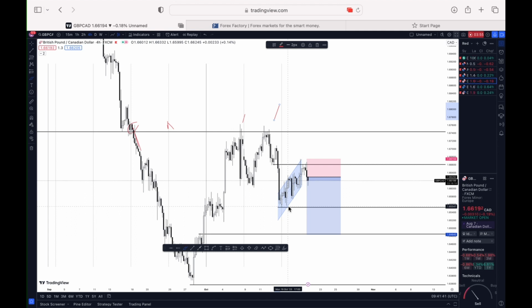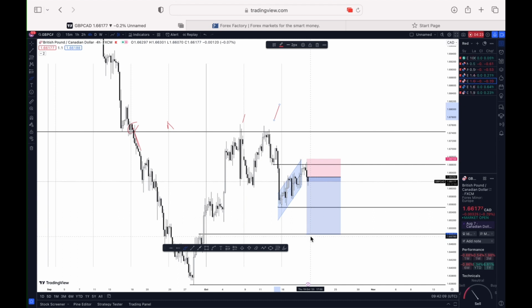I'm very much a price action trader, and I so much respect market structures. Understanding market structures is very important, and it has really helped me to fully understand the language of the market. So on GBPCAD, I'm looking for selling opportunities, looking for the market to quickly sell to this point as my TP1 and this particular point as my TP2.